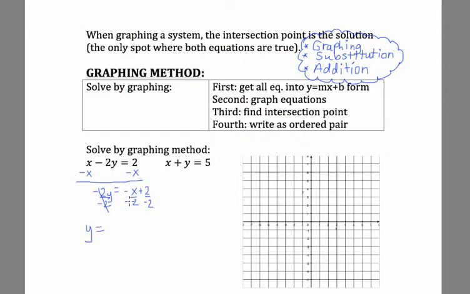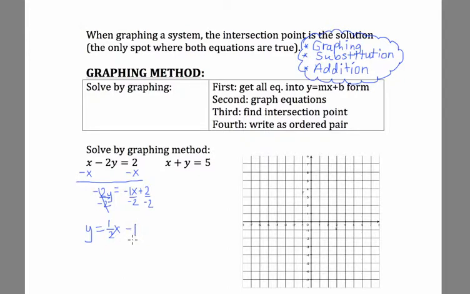Negative divided by a negative becomes a positive. This can be 1, so this is like 1/2 x. 2 divided by negative 2 is a negative 1.